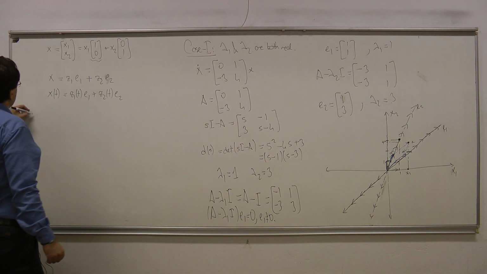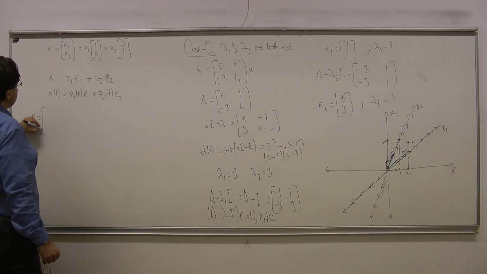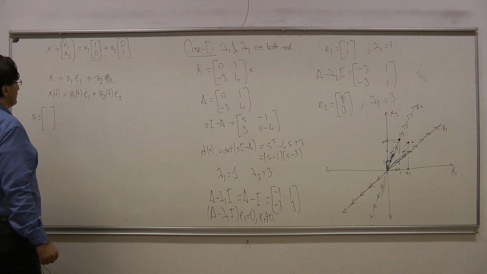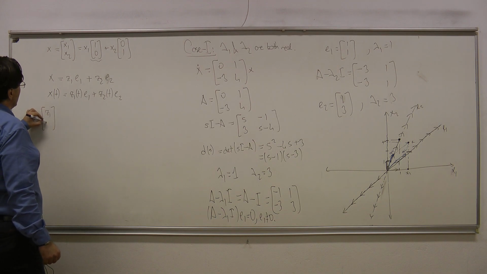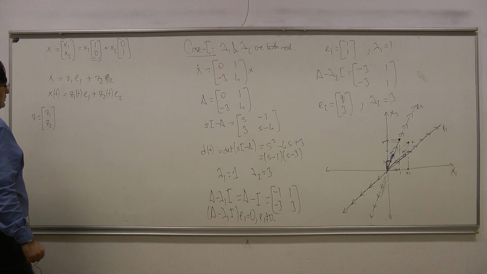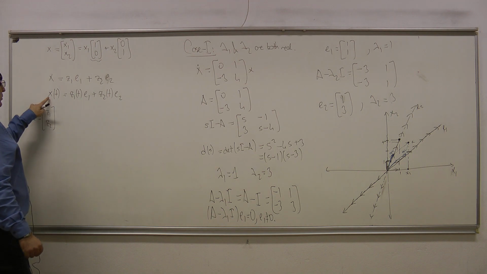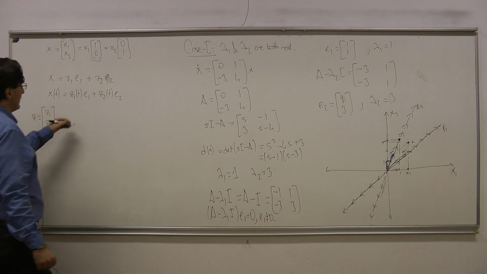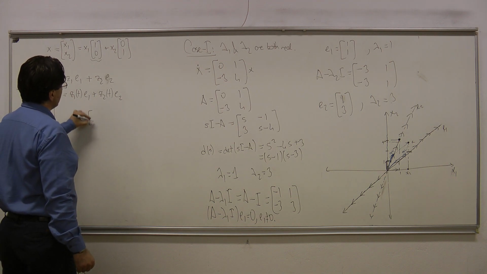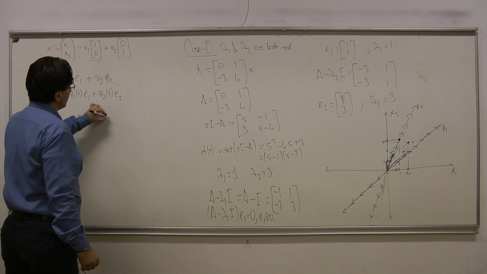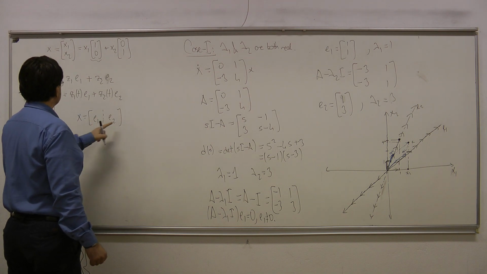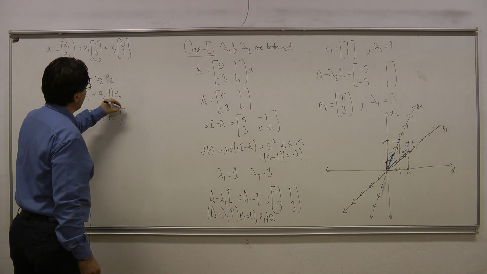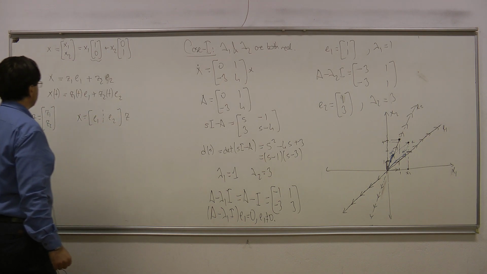So if I write the state z, this is going to be my new state vector, composed of z1 and z2. Suppose that I try to write x in terms of this new vector. x is going to be my first eigenvector, my second eigenvector, and I would have the vector z here.